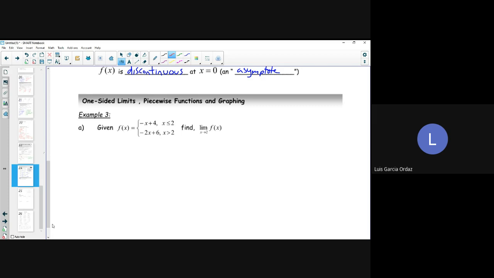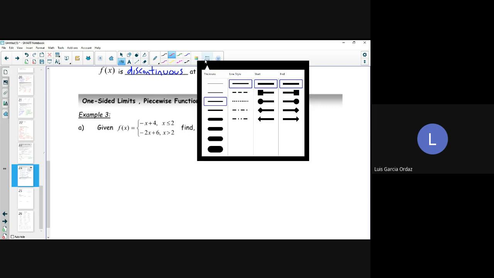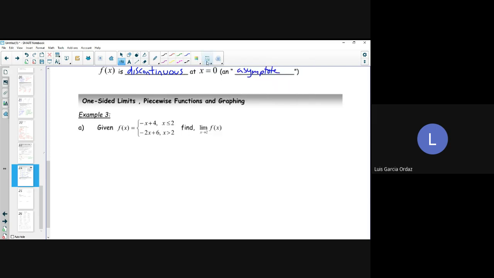We're going to find the limit from the left and to the right. Thank you, Mohammed. So we're going to find the limit. Oh, this is the ugly line. It's the fat line. So we're going to find the limit as x approaches 2 from the right of f of x.